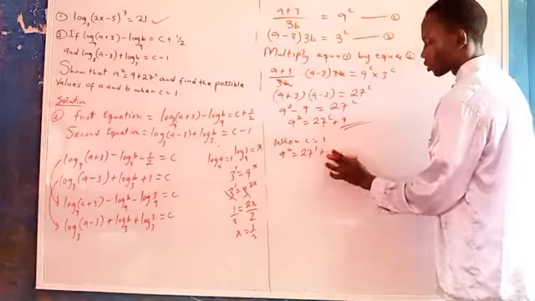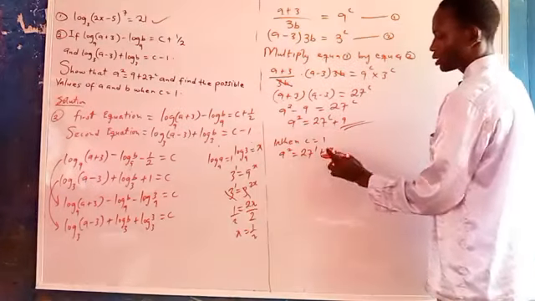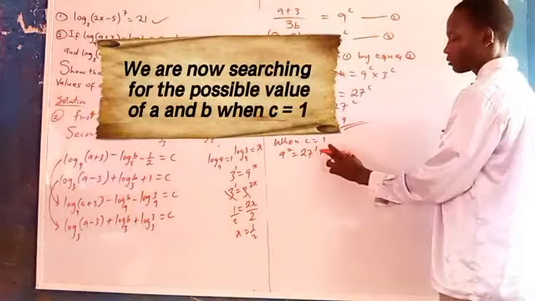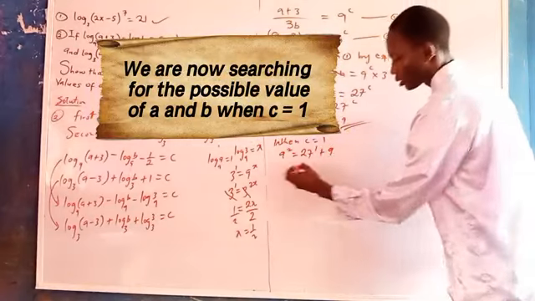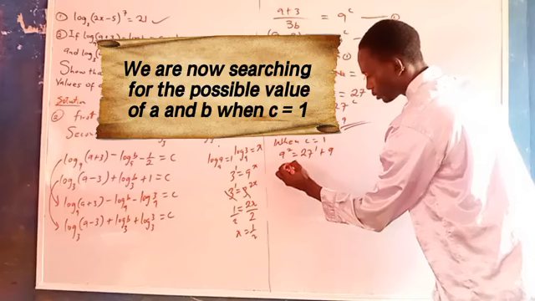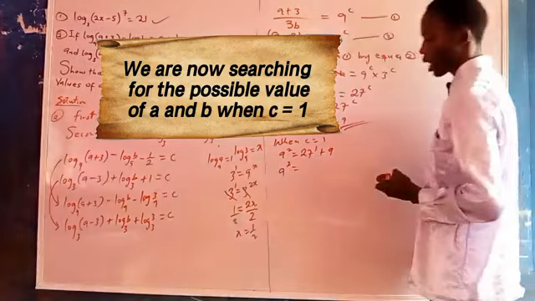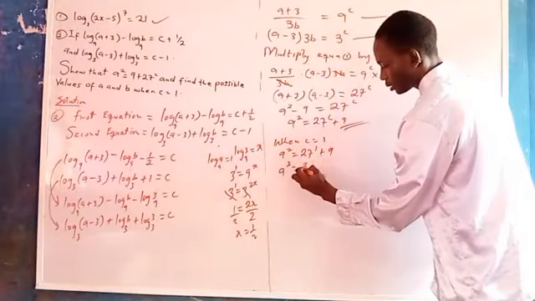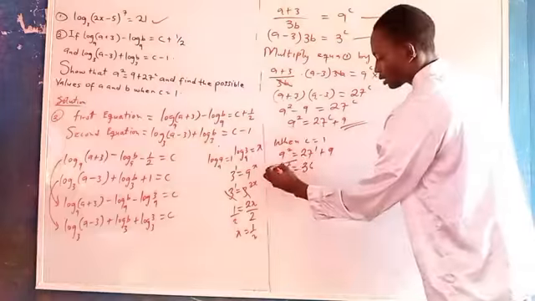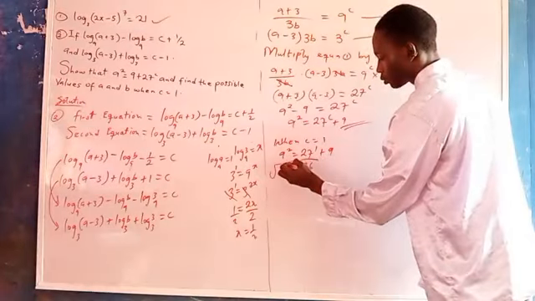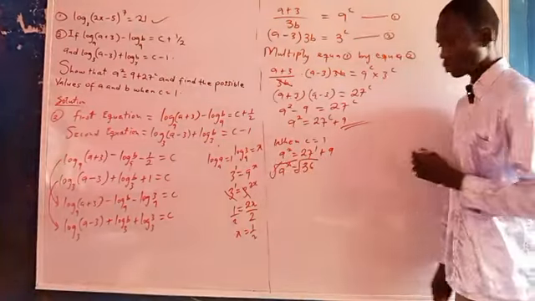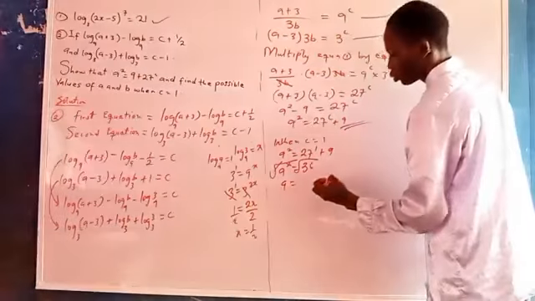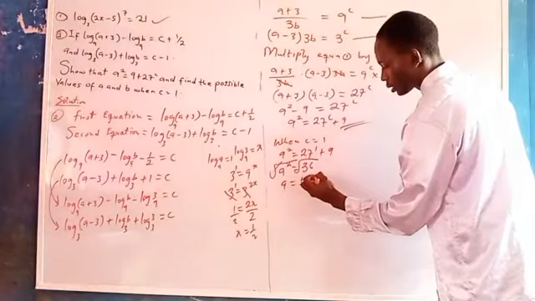And 9 plus 27 is 36. So I'm having a to the power of 2 equals 36. And if I find the square root of both sides, the square root cancels the power, so I'll be left with a equals plus or minus 6.